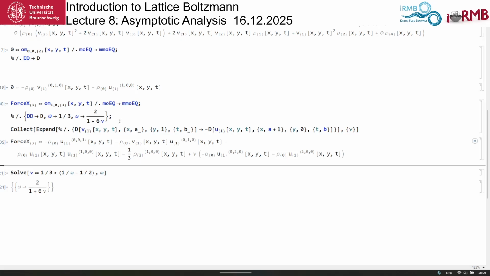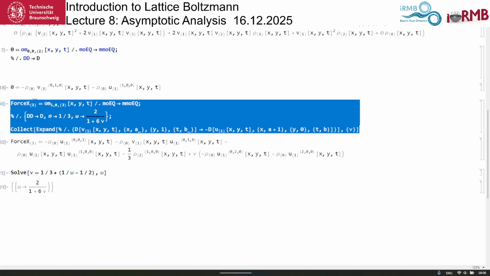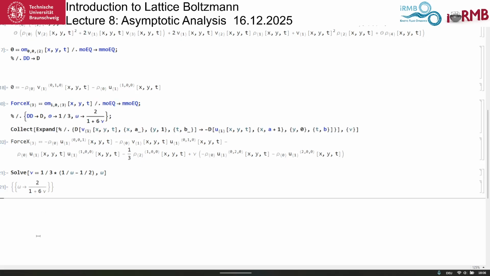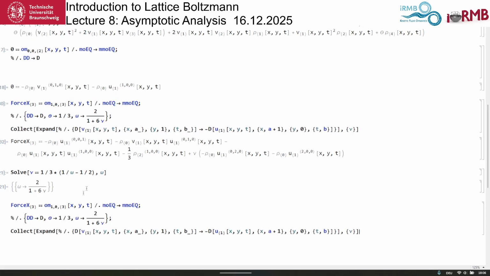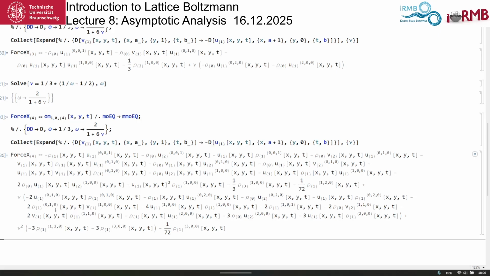Now we are completely over time, but if you wonder why we do all of this: yes, we can derive the equation of motion, but what we can also do is go one order further, and then we get this thing here.